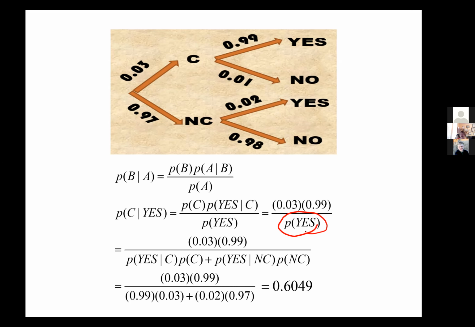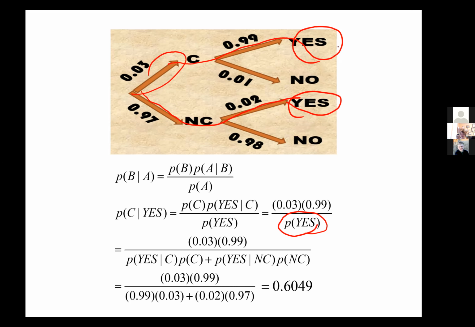Okay, but I can figure that out by using Bayes' theorem again. So the probability of yes would be the probability of yes given C times P of C, plus the probability of yes given not C times P of not C. So it's going to be this branch plus this branch. So it's going to be the sum of those two branches.